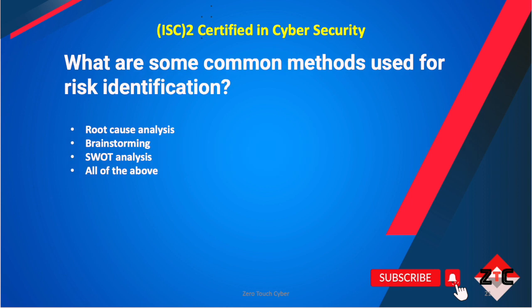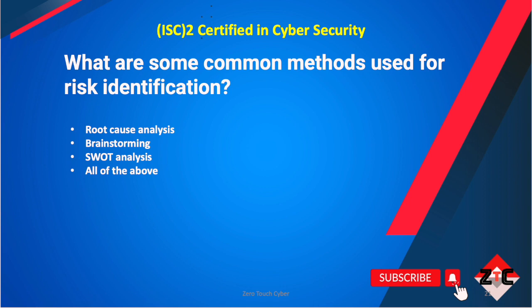What are some common methods used for risk identification? Root cause analysis, brainstorming, SWOT analysis, all of the above. There are several common methods used for risk identification, including brainstorming, root cause analysis, and SWOT analysis.